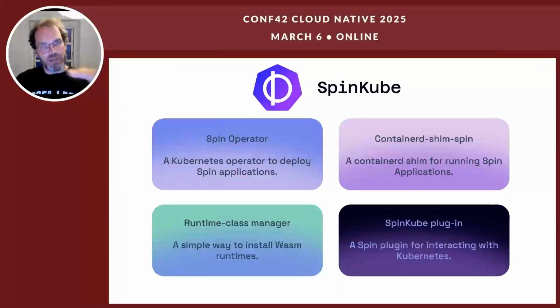But we have the Spin operator sitting as a wrapper around all of this that enables you to easily translate between the concepts you use in a Spin application and the concepts inside of SpinCube. It's actually optional to use the Spin operator, and you can just create your deployments yourself, referencing Spin applications as OCI images. But as we start to unpack all of this, and you'll see some details in a live demo, you'll get a better understanding of how these things fit together.